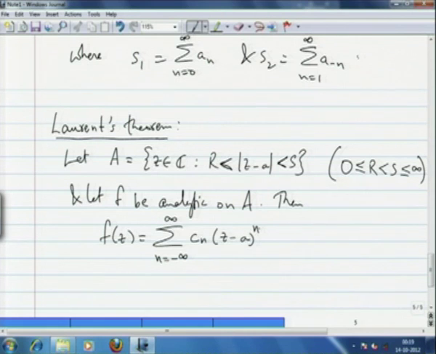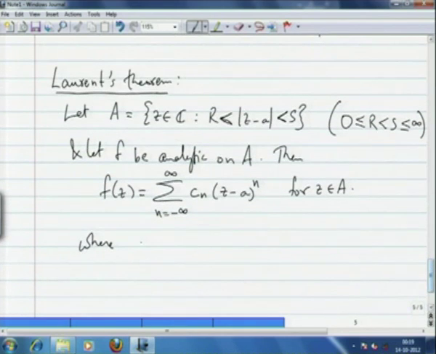So, you can expand f as a double ended series for z belonging to this annular region, where these coefficients are not alien.